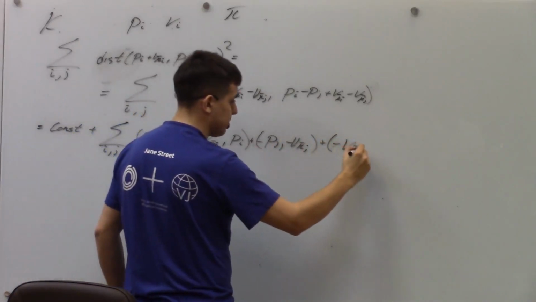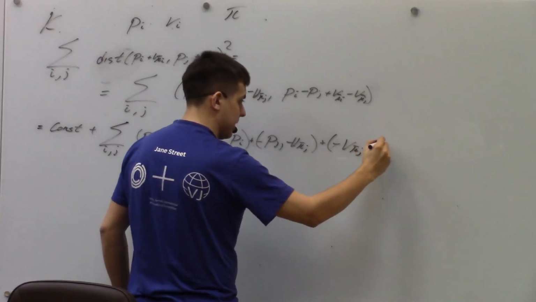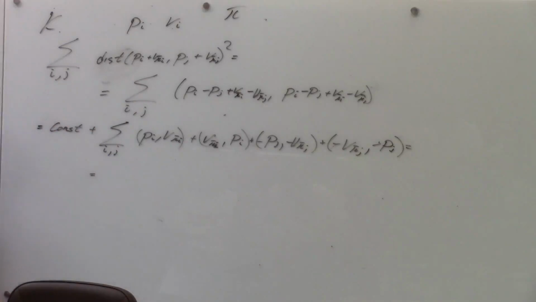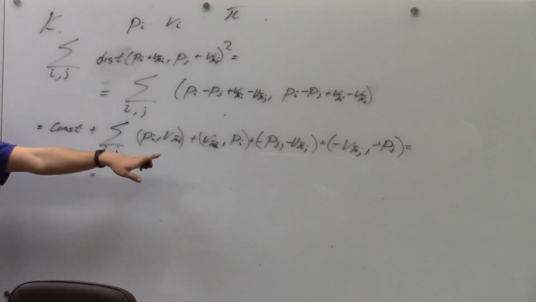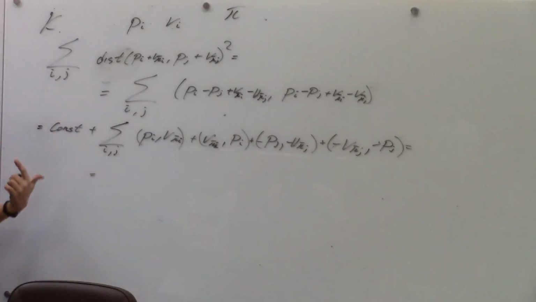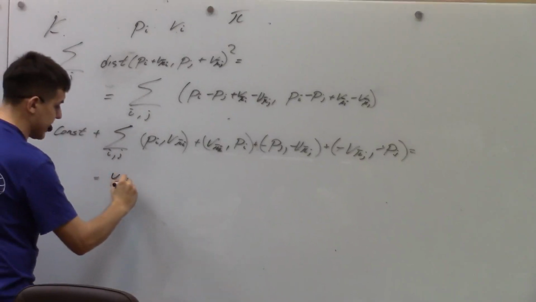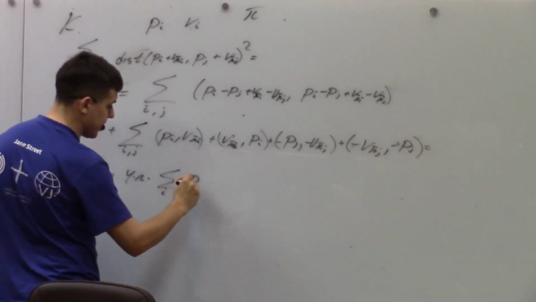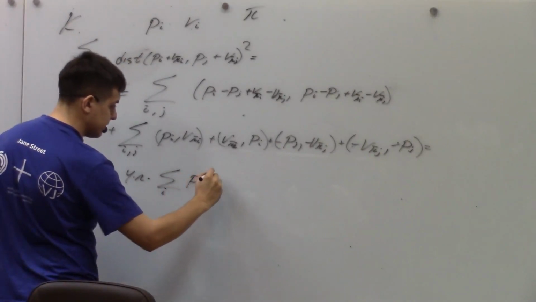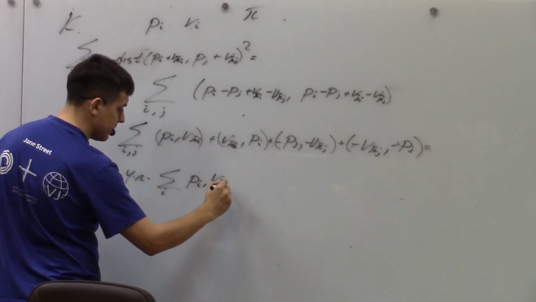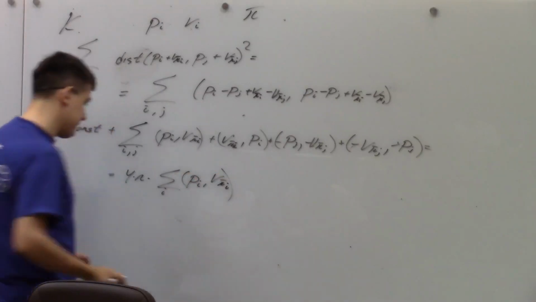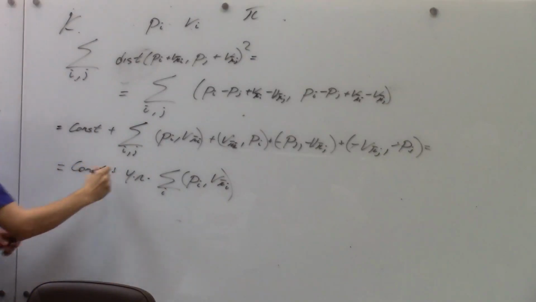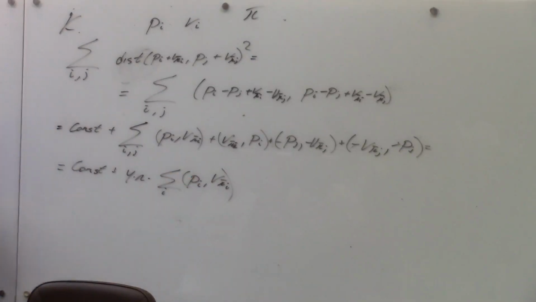Minus v of pi j minus pi j. Okay, and these are all pretty much the same. So it's 4 times n times the sum over all possible i's, pi times the v of pi, again, plus some constant that does not depend on the choice of permutation.